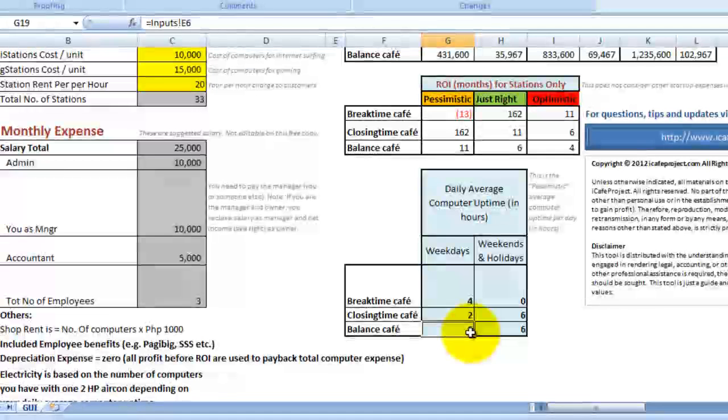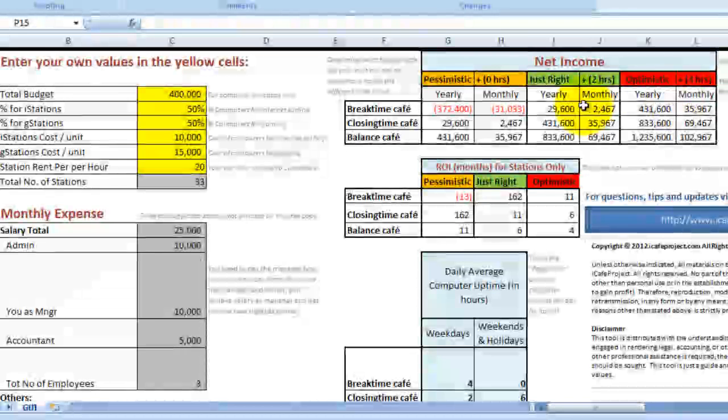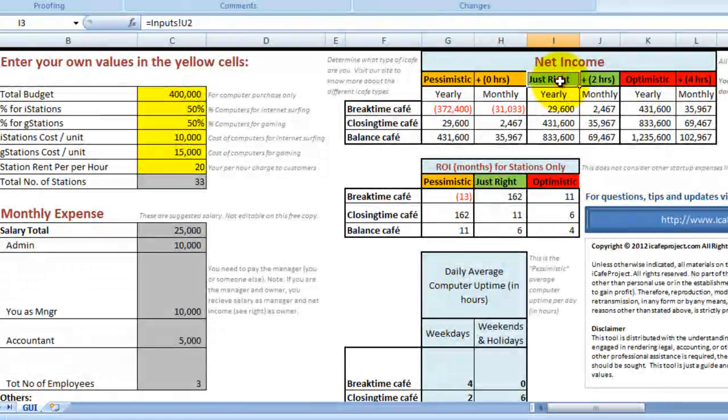Okay. Now imagine if you are operating 8 hours during weekdays. I mean, you are having an average computer uptime of 8 hours during weekdays and on holidays, then you need to take a look at the adjusted calculation, which adds 2, meaning 6 plus 2 is 8. So you have a monthly expected income of 69,467.